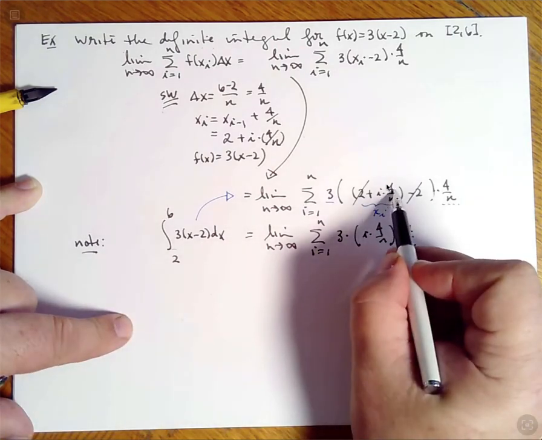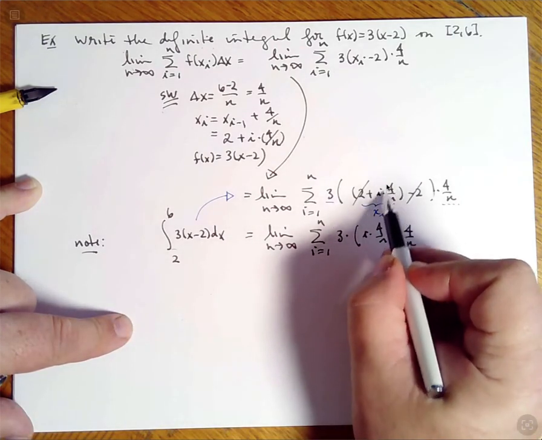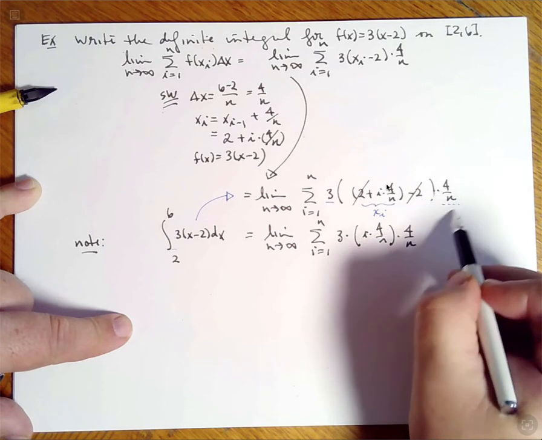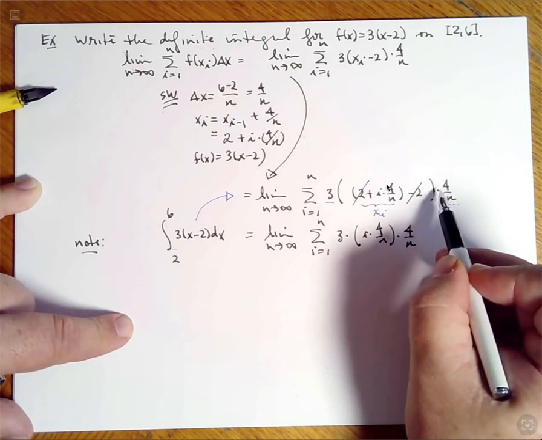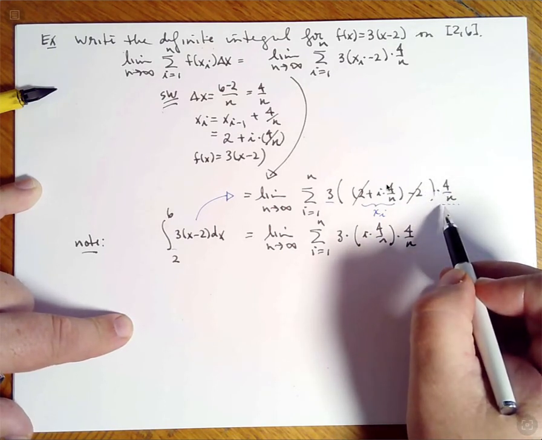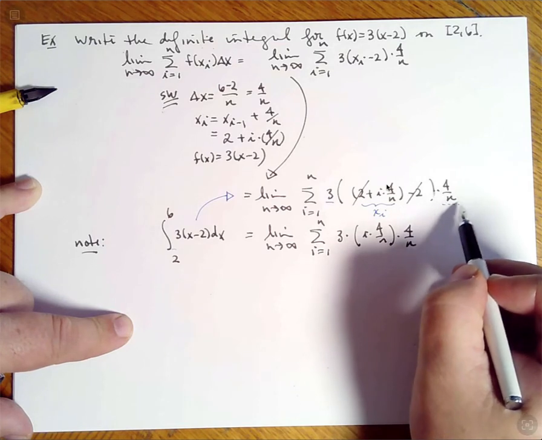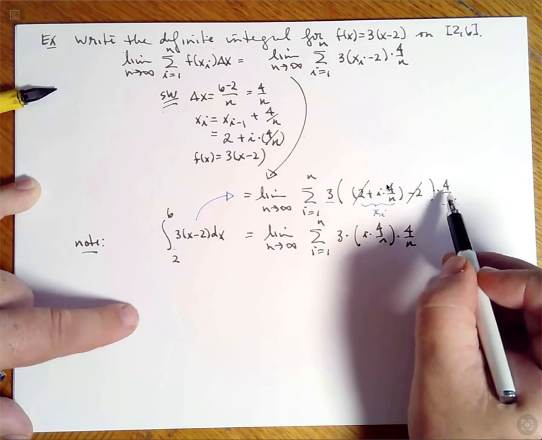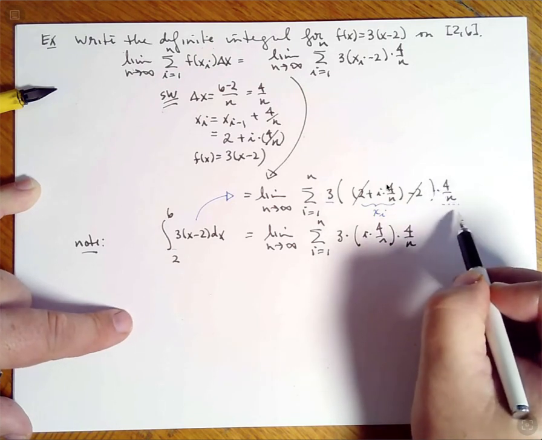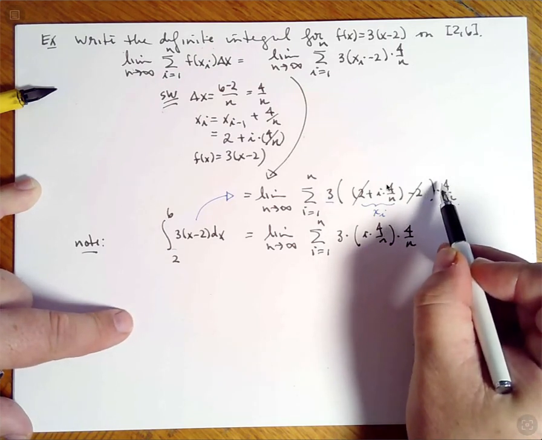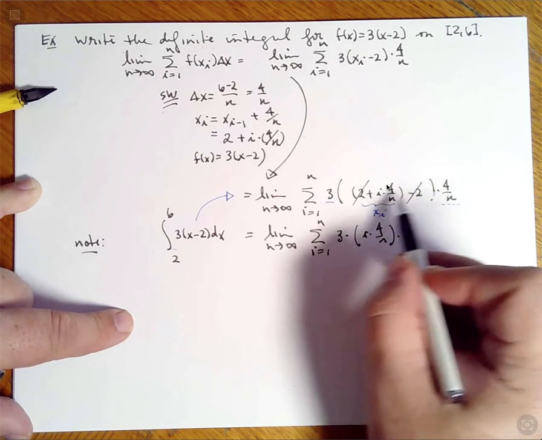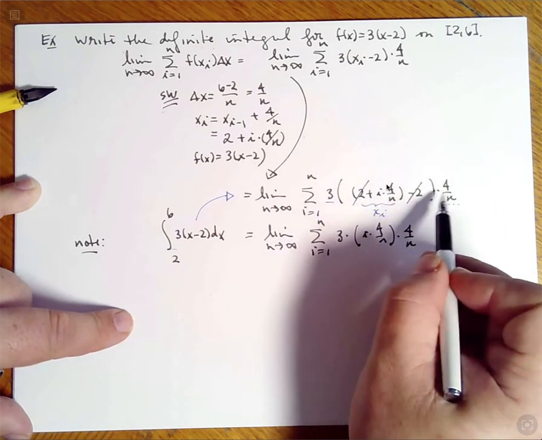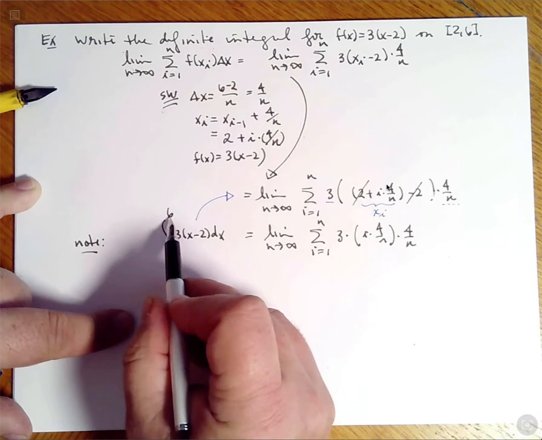And if my delta x is 4 over n, and I've got n of those, that tells me the length of my interval is 4. So starting at 2, going up 4, takes me to 6.